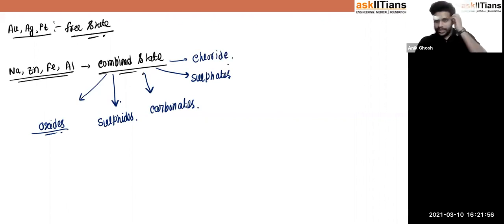So these are mainly the compounds in which we can find these metals.